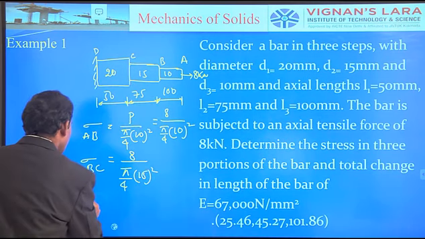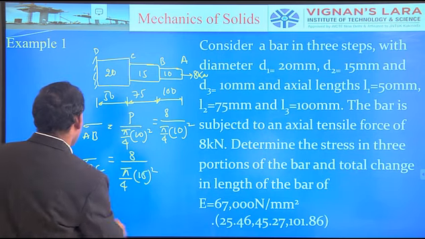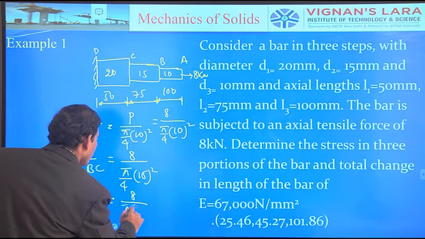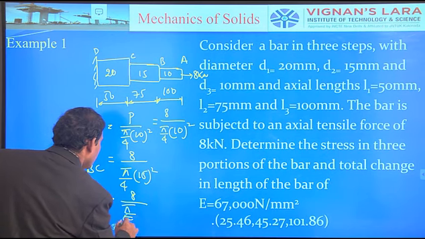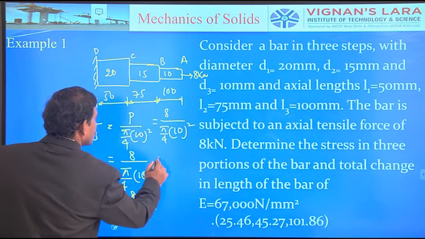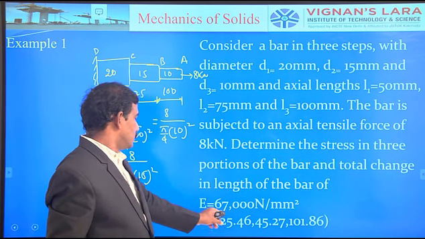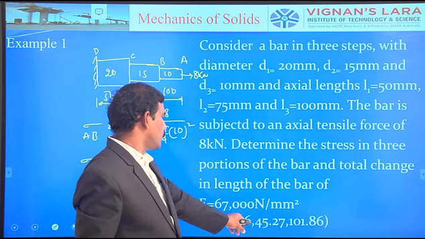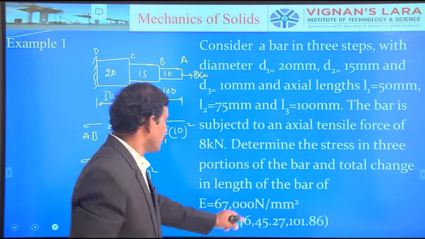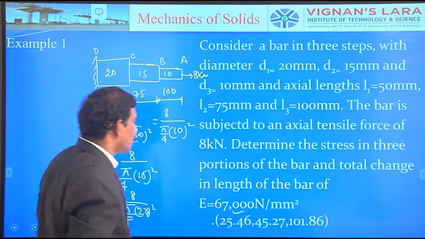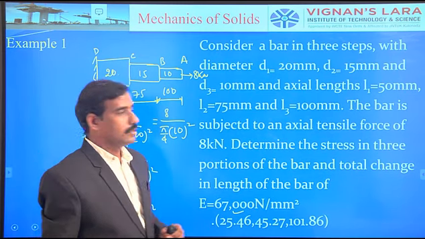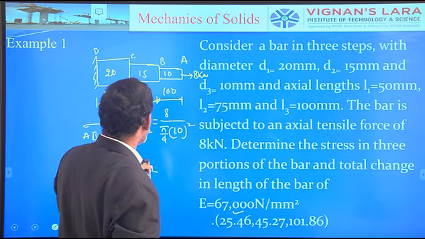The stress in the last portion CD would be 8 divided by pi by 4, 20 whole square. Its value is 25.46 for the portion AB and 45.27 for the next portion, and so on. That is regarding the stress.